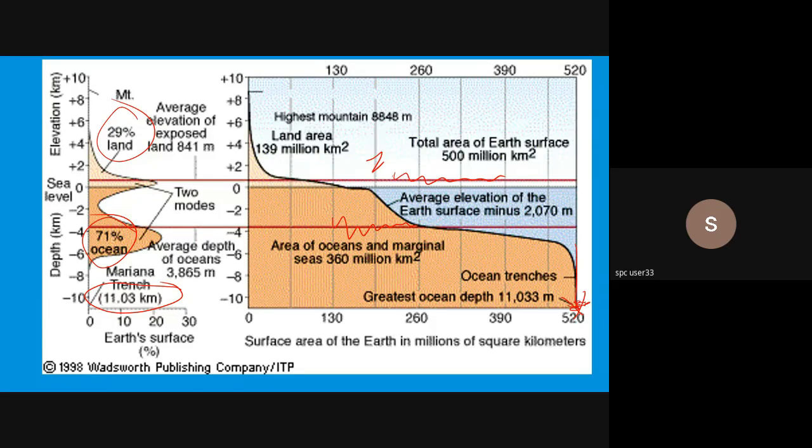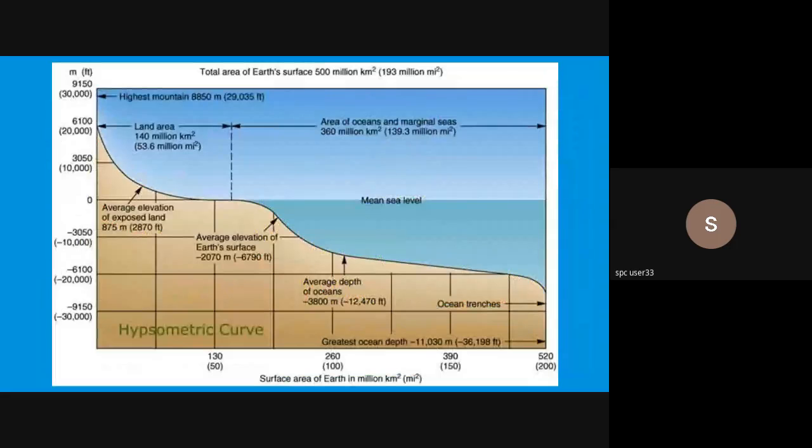I feel we've done most of the things as such, and there's one more thing. Again, this is the hypsometric curve, and a few more points that we can note from here. This speaks in terms of meters and feet.